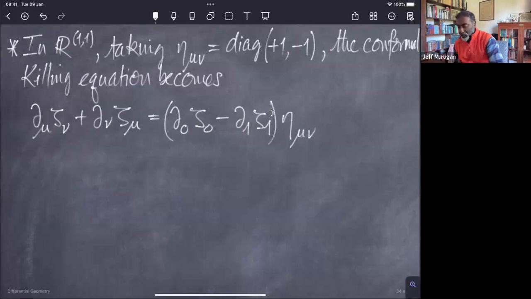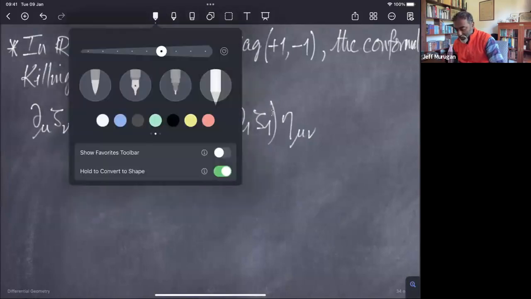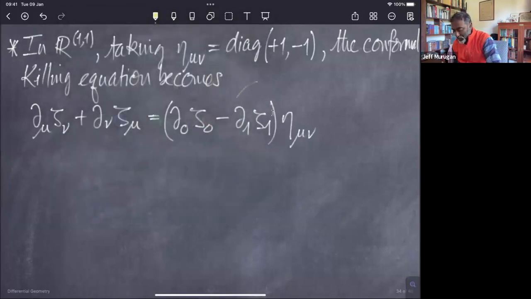Remember, there was this factor here. It's coming from this d dot zeta piece, and of course there's no prefactor because we've chosen d equal to 2, so that gives us the prefactor of 1.